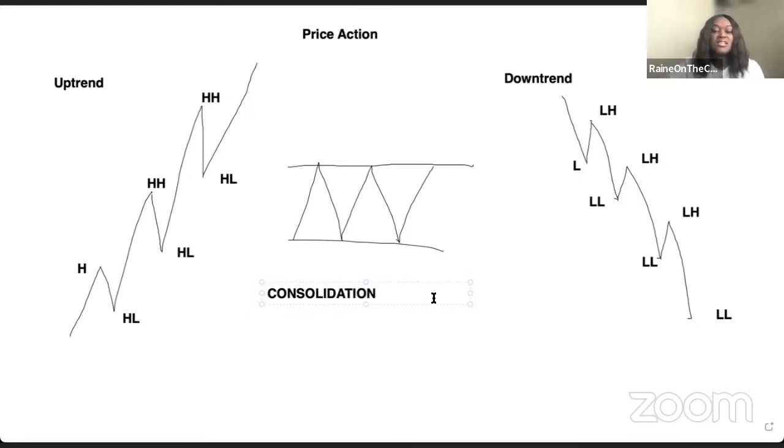That's consolidation, or some people may call it a channel, right? It's just going sideways. Okay. So get a picture of this, and then we're going to move on to look at how we can enter a trade, knowing all of this stuff, right?